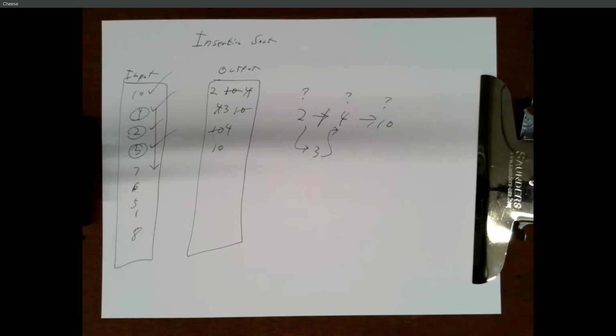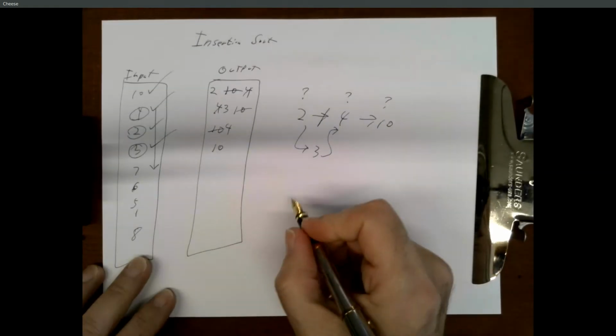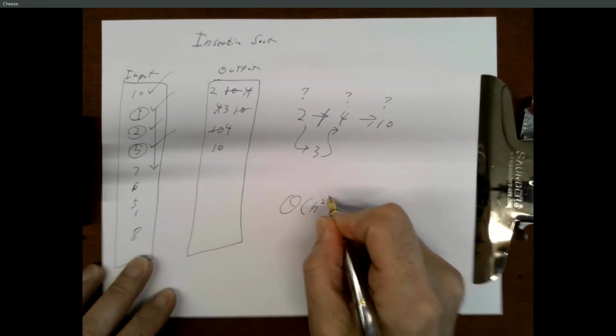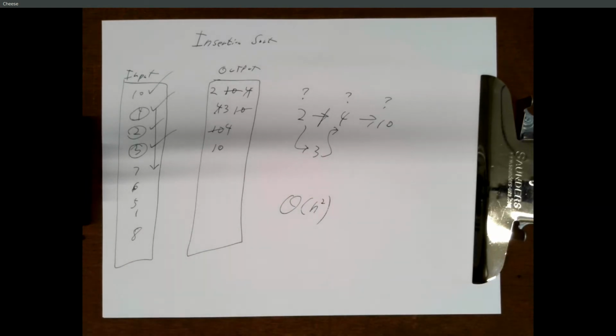If we used a binary tree, we can get to log n. And we're not really doing an insertion sort anymore. So this is nominally going to be order n squared also. If you used a binary tree, does that also have a different name?